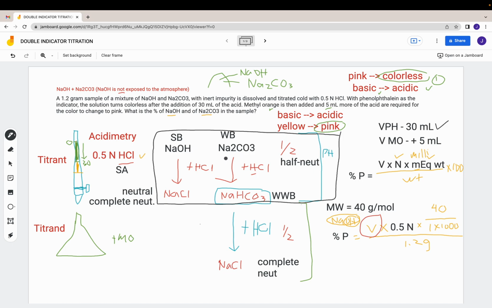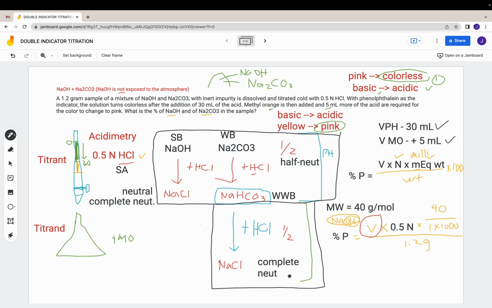That's your 30 ml. The second addition is this one, the 5 ml, which is enough just for you to neutralize fully your sodium bicarb to its salt, sodium chloride. Again, this is 5 ml. Okay? So I hope that's clear to you.